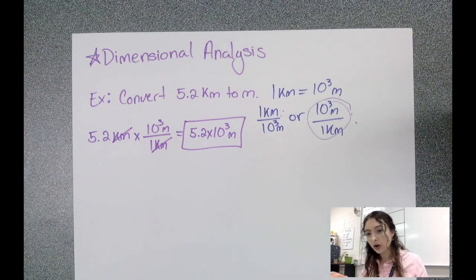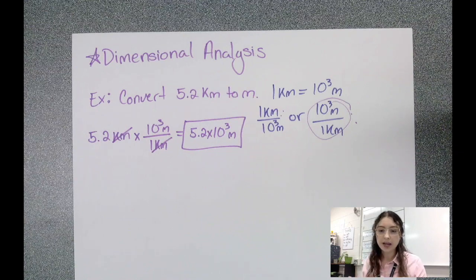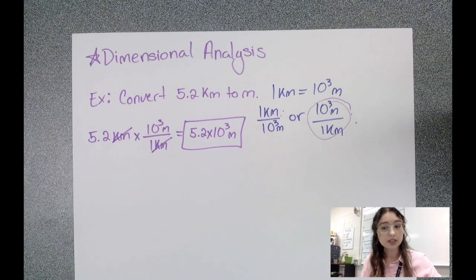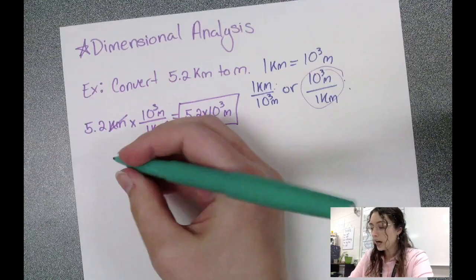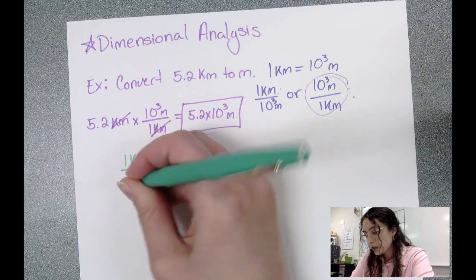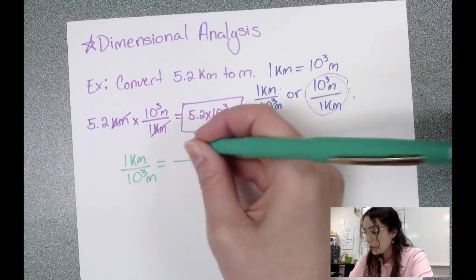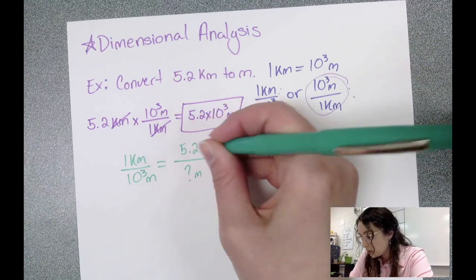This isn't the only way to solve these type of problems though. You can also set it up as equivalent ratios and just do some cross multiplication. So for example, I could do this same problem in a slightly different way. I could say, I know that in 1 kilometer, there's 10 to the third meters, but I want to know how many meters are in 5.2 kilometers.